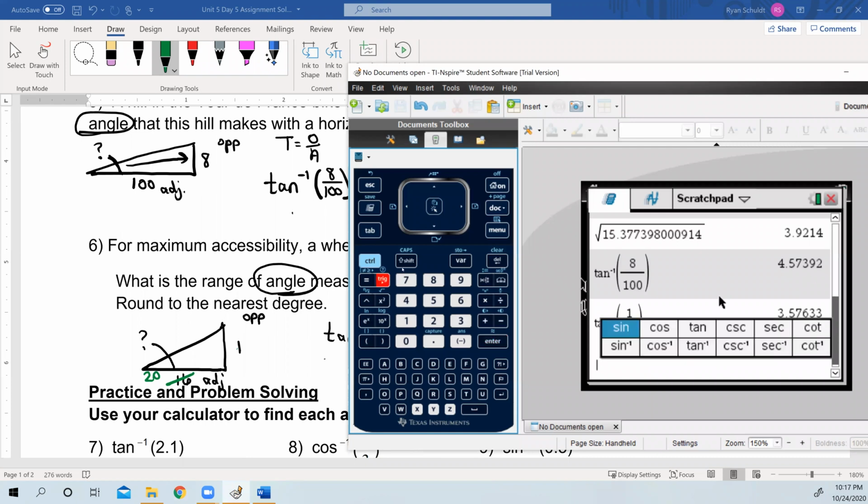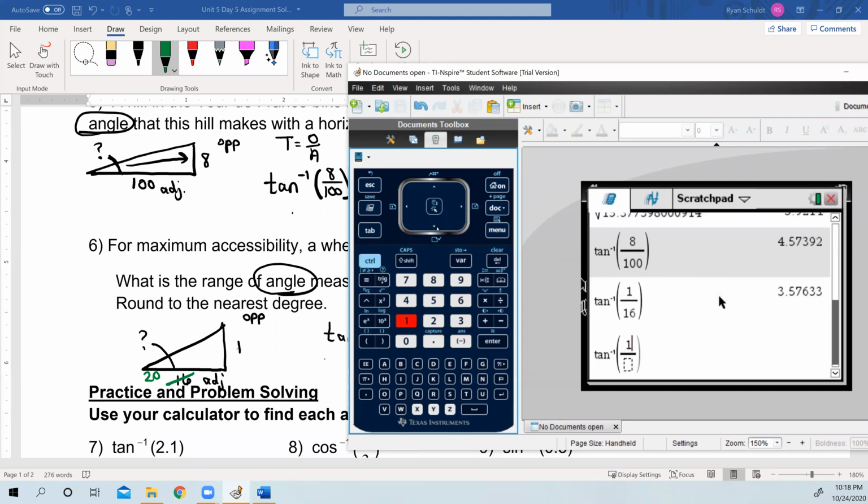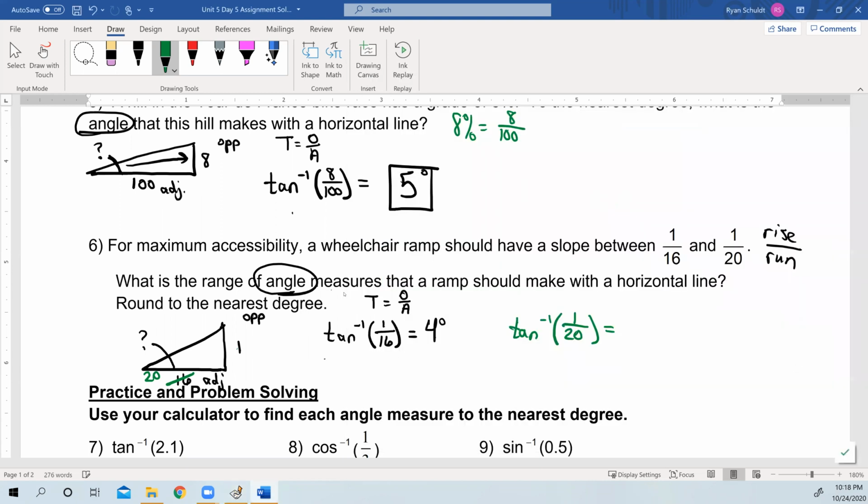So trig, tangent inverse of 1/20. It's going to be 2.86. To the nearest degree, that would be 3. So 3 degrees.